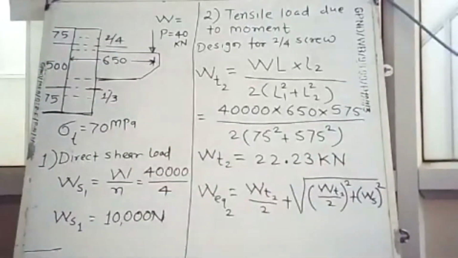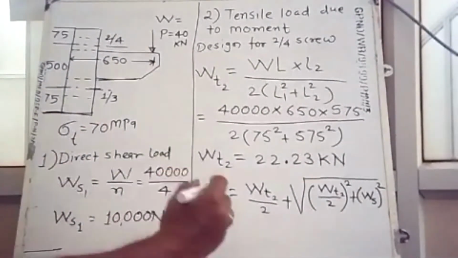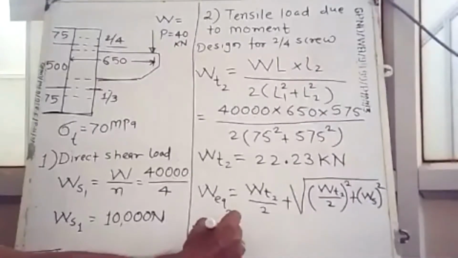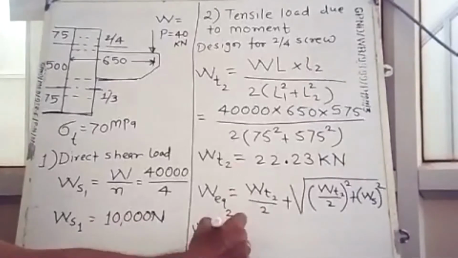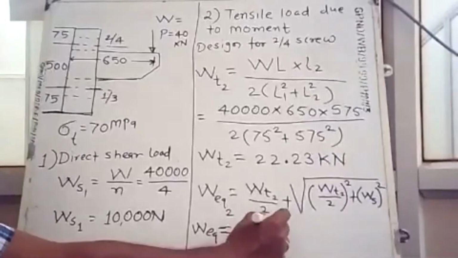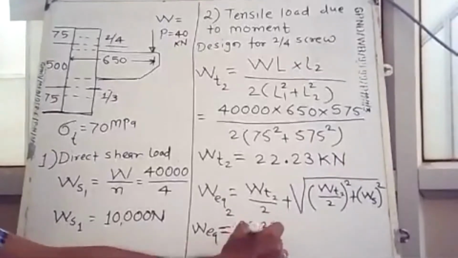So this comes from our principal stress equation. So from this we can put here W equivalent equal to 22.23 divided by 2.